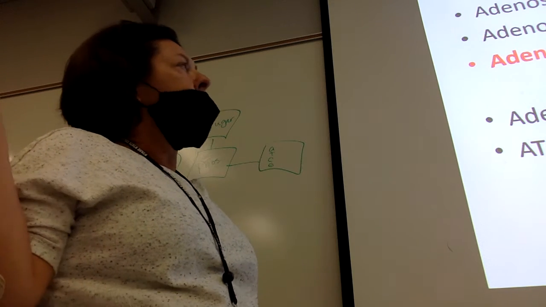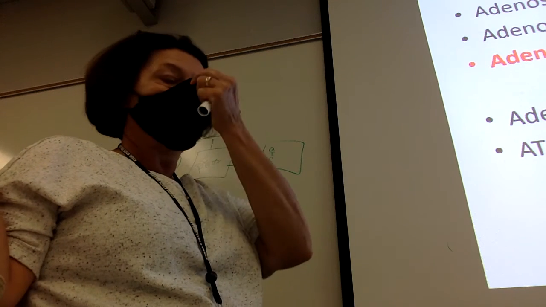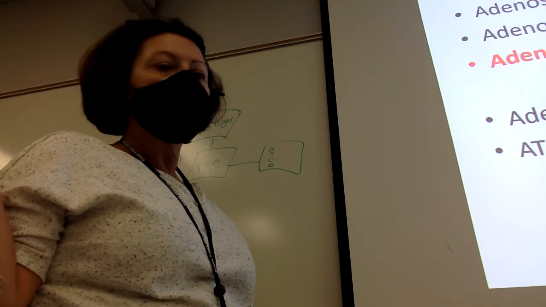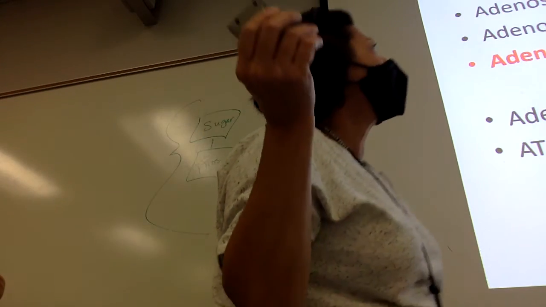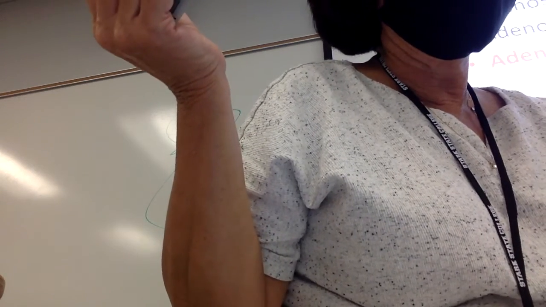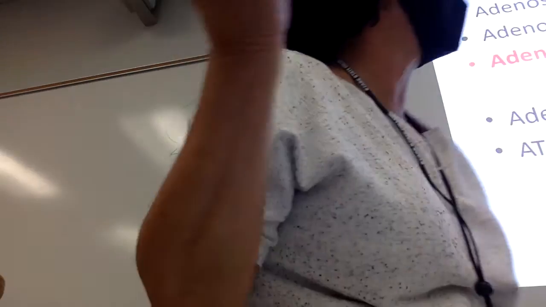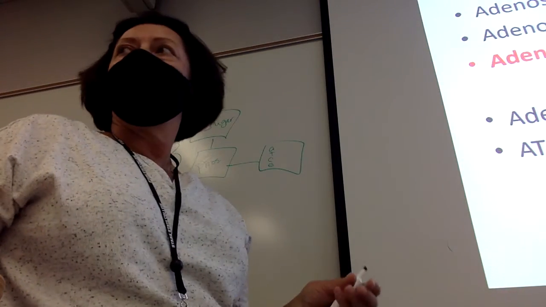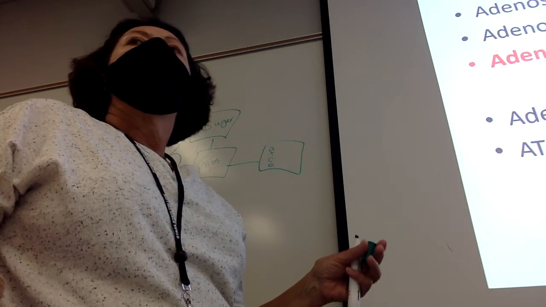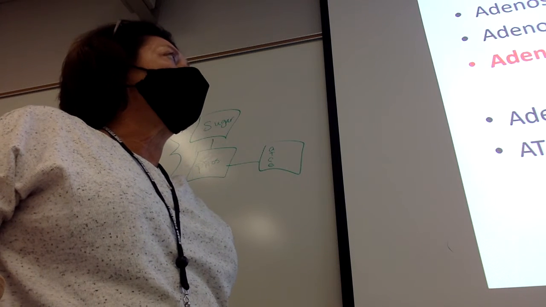AMP. I know, I had to skip really fast because it's almost 10 till. AMP, adenosine monophosphate, is a nucleotide. And it is a nucleotide of ATP. What is ATP, you might ask?